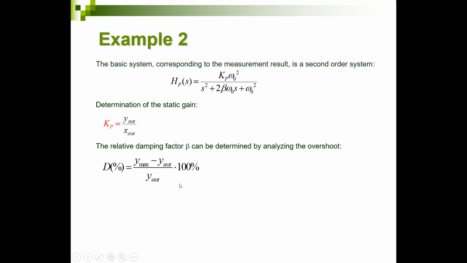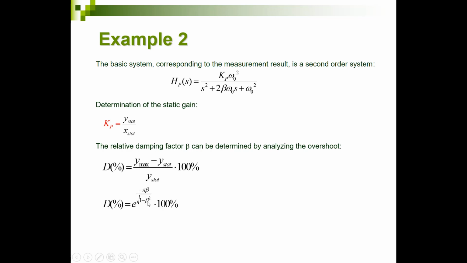So this is my overshoot definition from my measurement, what I can see from the measurements which we saw a couple of minutes ago. We also knew from the definition of a second order system that the overshoot can be defined as e to the power minus pi times beta divided by the square root of 1 minus beta squared, perhaps times 100%.